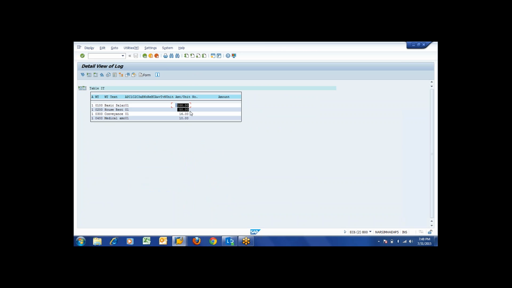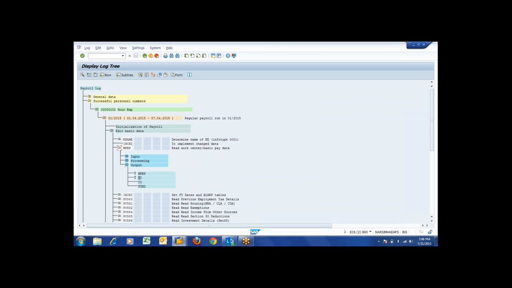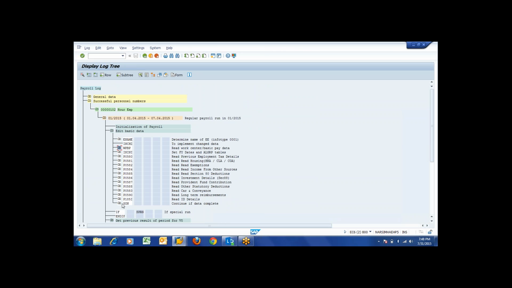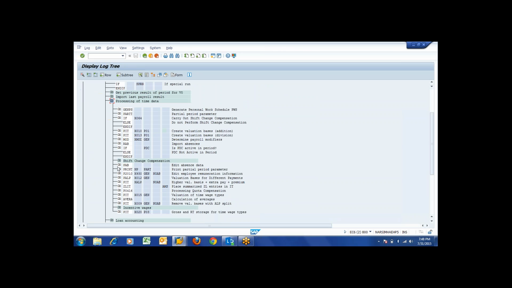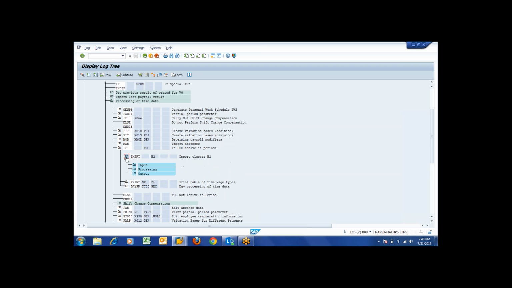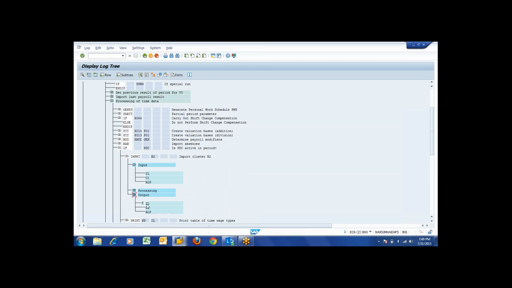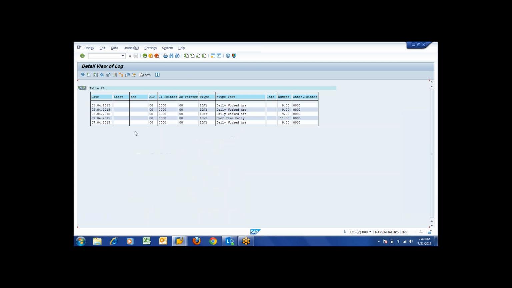We are getting a rate from infotype 8 with function WPBP, that is the work center table. From process time data, the time evaluation, we already ran positive time evaluation and captured his actual daily work hours through different PCRs in positive time management. There is an import function where we get the cluster B2. It imports the cluster table and generates a ZL table from time evaluation.